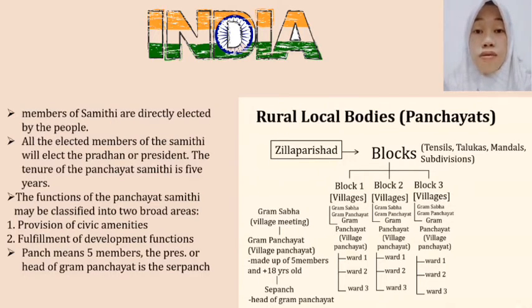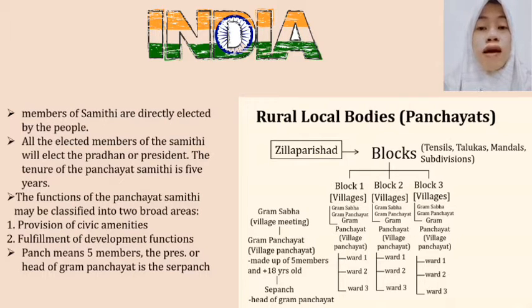All the elected members of the Samiti will elect the Pradhan or President. The tenure of the Panchayat Samiti is 5 years. Now, the functions of the Panchayat Samiti may be classified into 2 broad areas. Provision of civic amenities comprises the following functions, such as construction and upkeep of roads within the jurisdiction of the Samiti, but other than purely Gram Panchayat roads, supply of drinking water, and others.